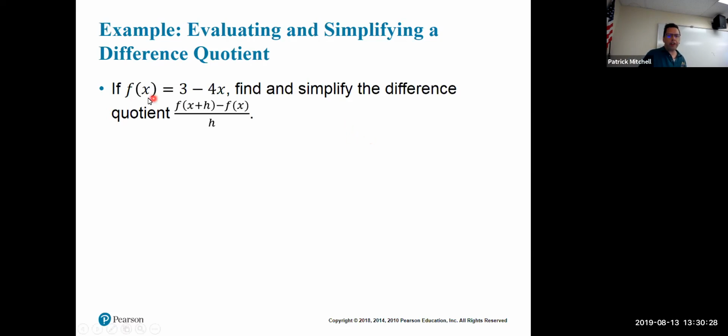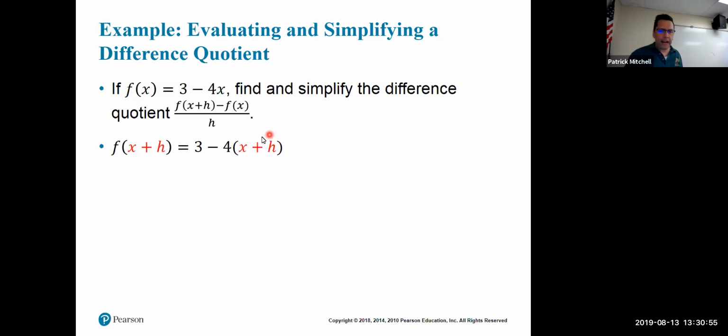For that function, f of x equals 3 minus 4x, and they will always give you a specific function to do this with, we want to find and simplify the difference quotient, which is this thing. Okay? So I've got that all laid out in here. The first thing that I often like to do is just figure out the f at x plus h part. So I'm doing that part separately.